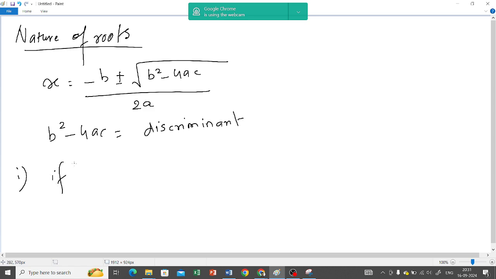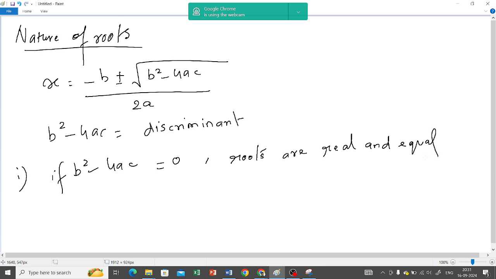Now if the discriminant is equal to 0, then roots are real and equal. What is real?